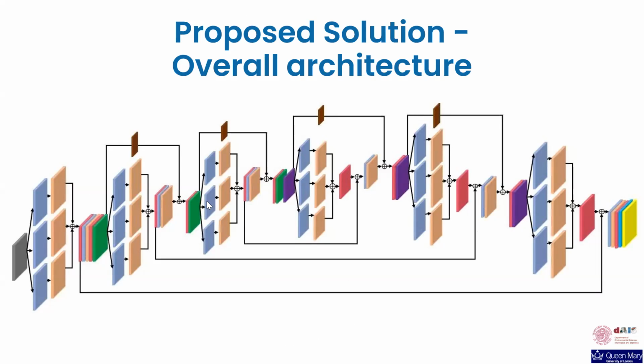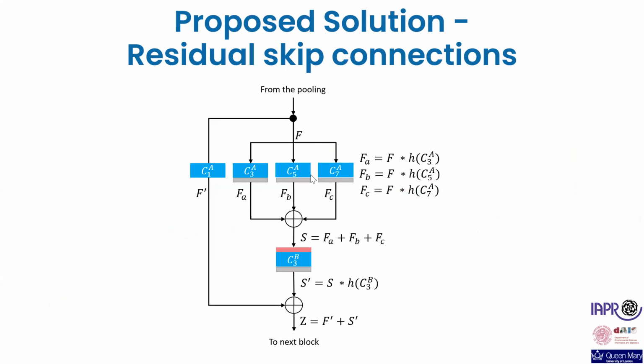If we further look at this one particular multiscale block, it is basically comprising three convolutional filters of three different kernels: 3x3, which is C3A, 5x5, C5A, and 7x7, C7A. After convolution, we obtain this S, which we can view as a combined feature map, which can later be fed to a ReLU and batch normalization.